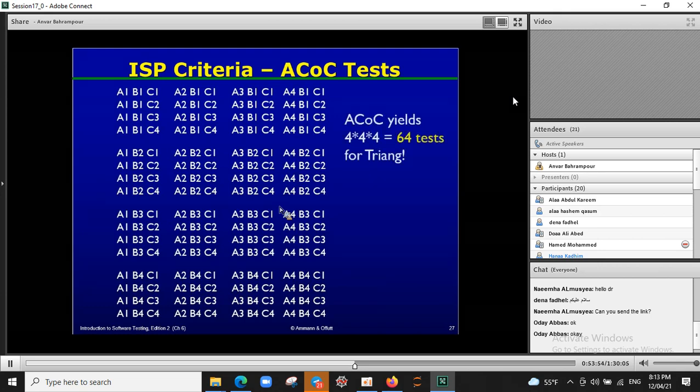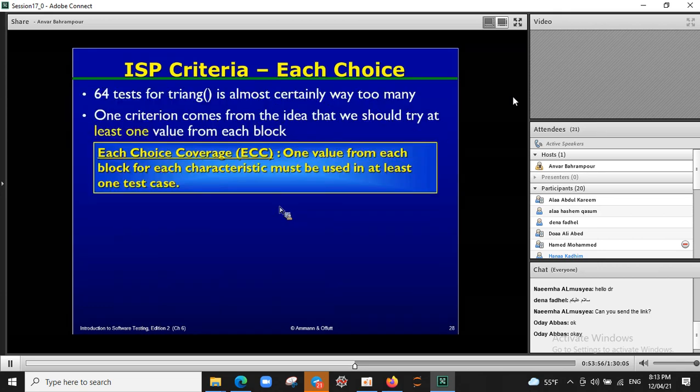The first one, all combinations, is exhaustive testing, a complete testing, and there is no need to do so many tests.